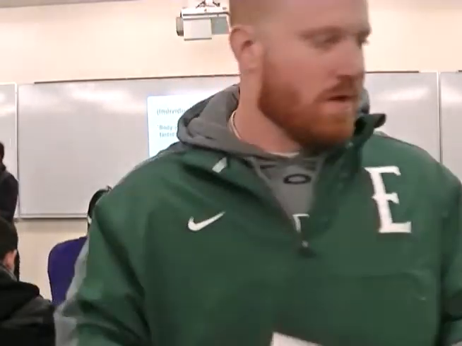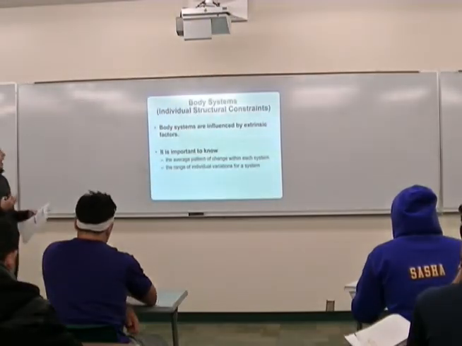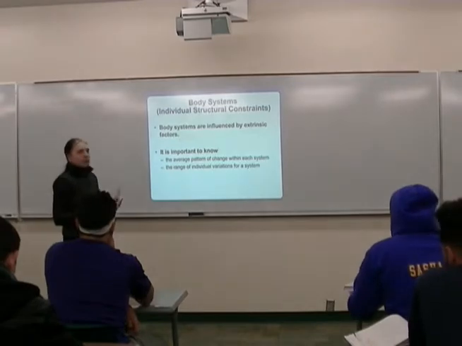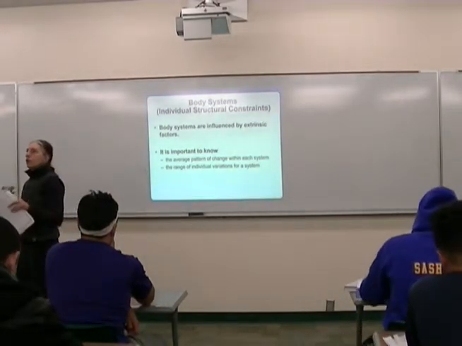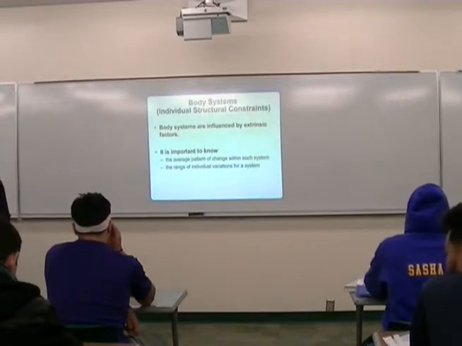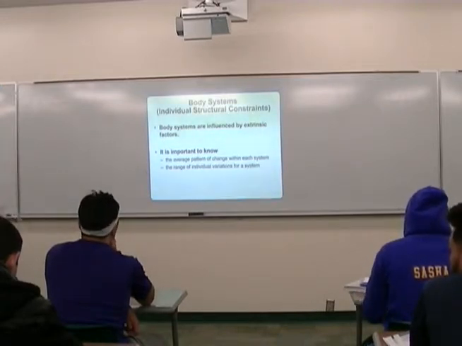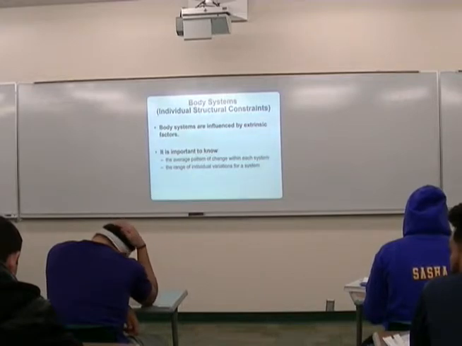All right, so we're going to look, chapter 5 is looking at different body systems. So this is information regarding things that would be structural constraints when you're working with an individual.